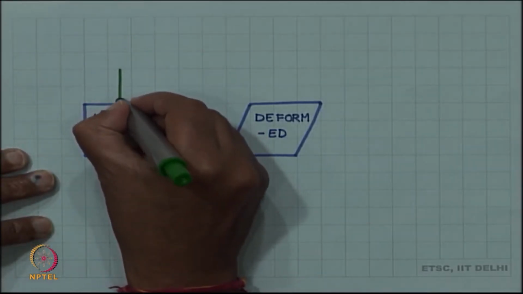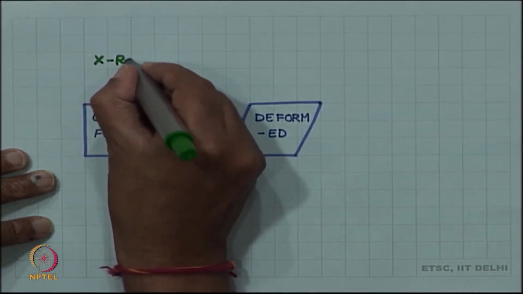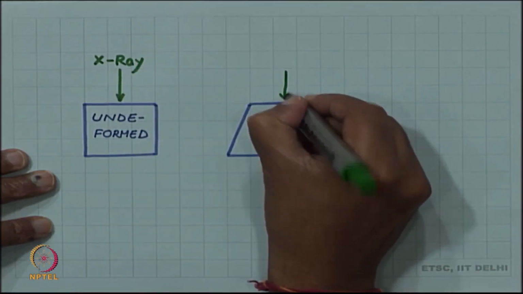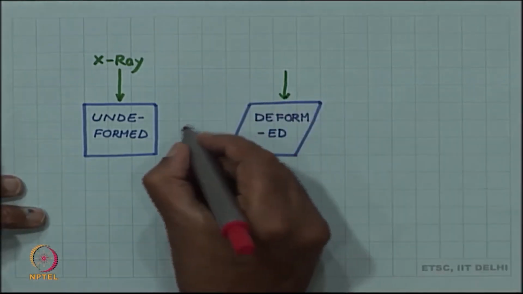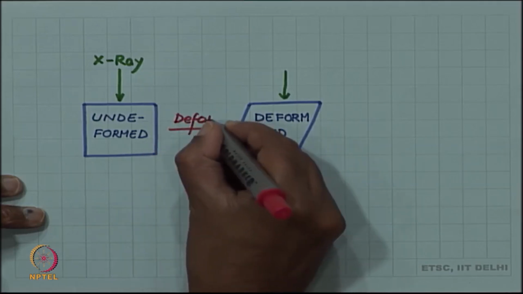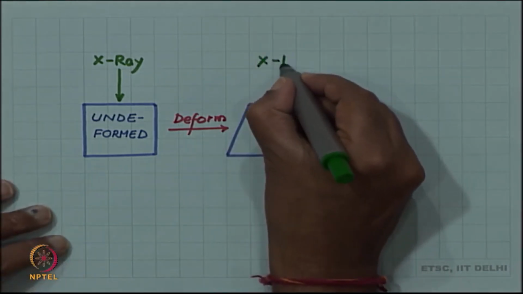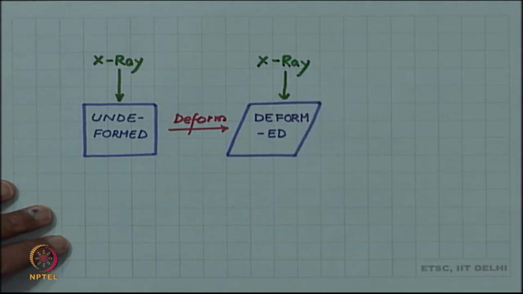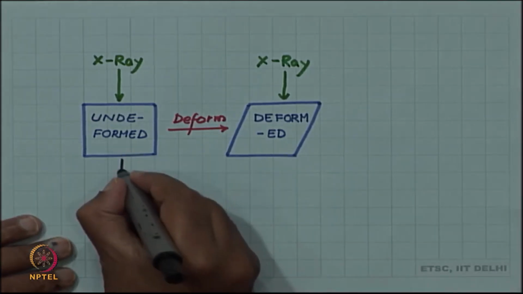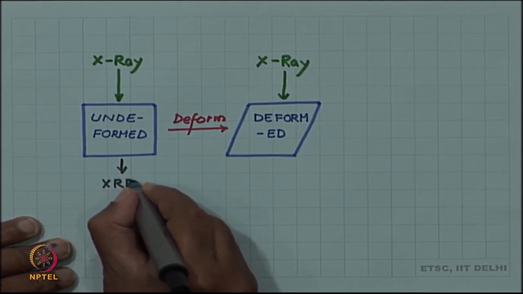I shine X-ray on the undeformed material, and then I deform it and do the experiment again. I shine X-ray on the deformed sample. Both will give me a diffraction pattern.